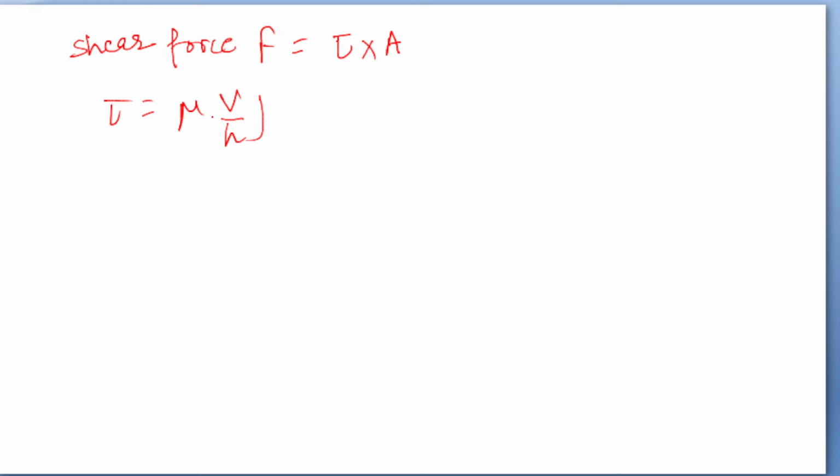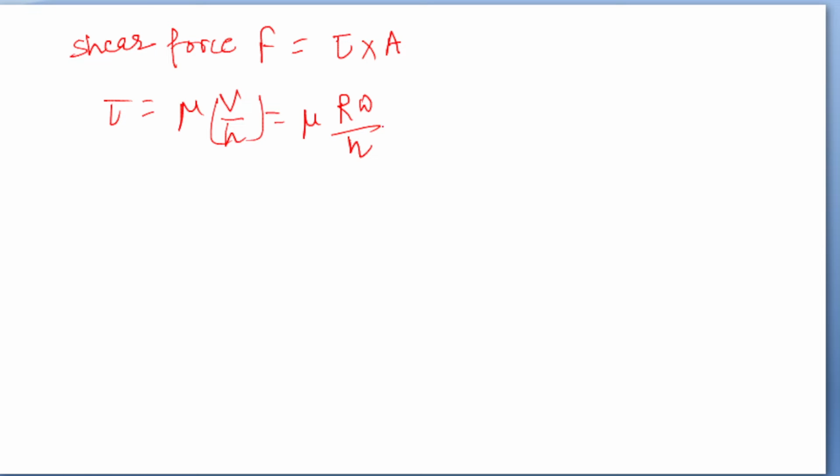Now, since it is a cylinder, the shear force is the shear stress tau into area, and this is the wetted area. We know tau is mu v by h, and v can be written as r into omega.